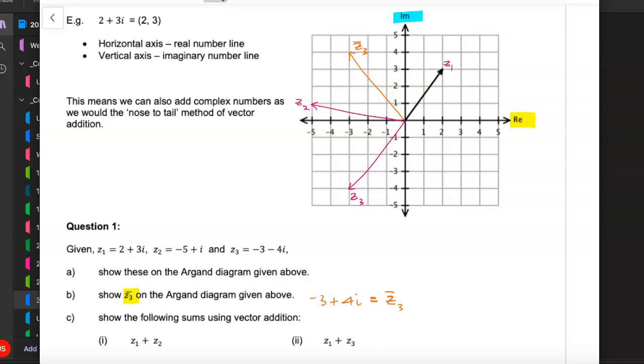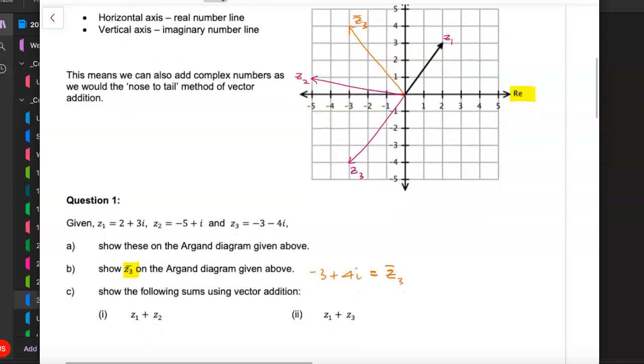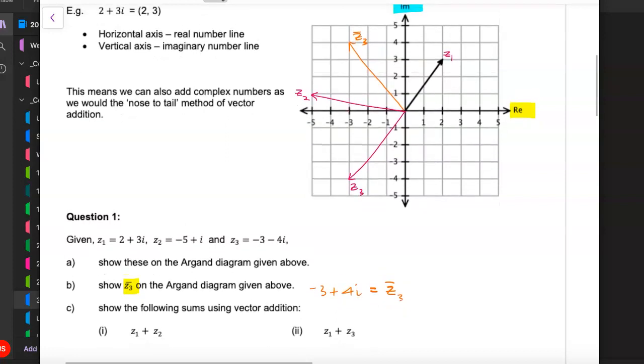So we're going to show the following sums using vector addition. Well, if we used vectors, then we could say that z1, so I'm just going to highlight that in green, plus z2, which is going to be heading off in this direction, is going to give us the result of z1 plus z2, which in fact comes out to be the conjugate of z3 as its solution.